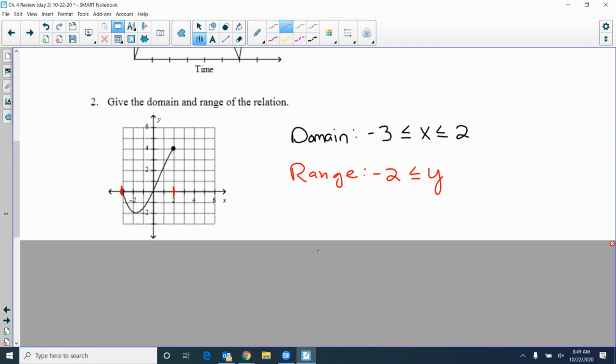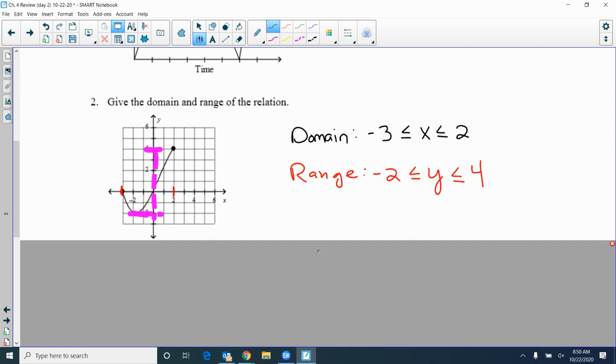Okay, less than or equal to 4. All right, correct. 10 out of 10 there. So you go to 4. The lowest one is -2. It hits everything in between. So that's how you have to write that.